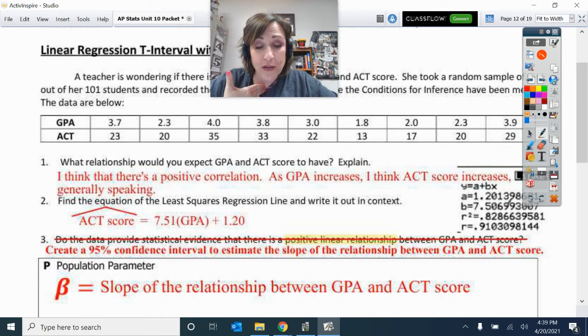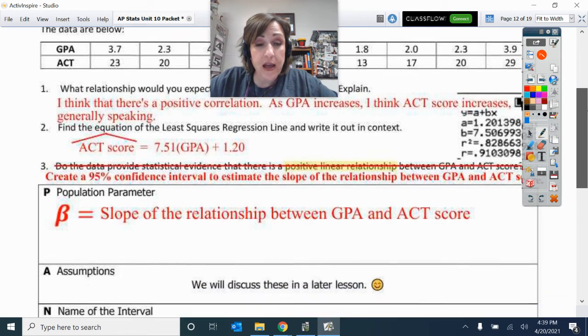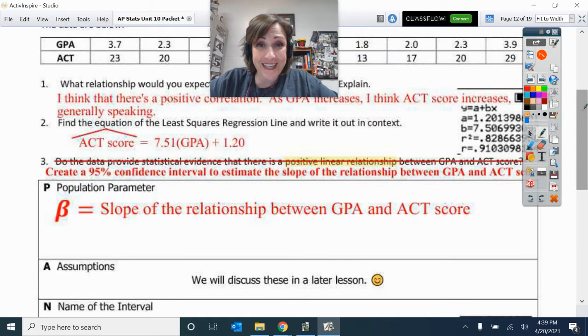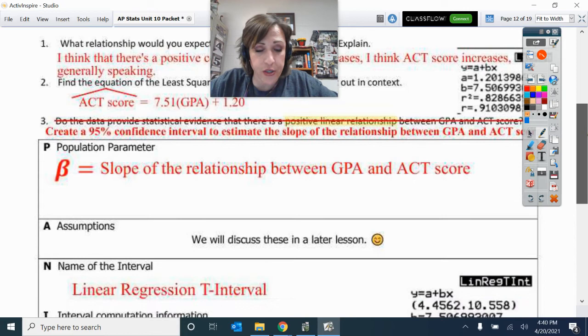That's my one sample. Okay, we need to get that range of values. So here we go. We're not going to do the assumptions yet. Again, we'll hold those off till tomorrow. So beta is our parameter. That's the slope of the relationship between GPA and ACT scores.